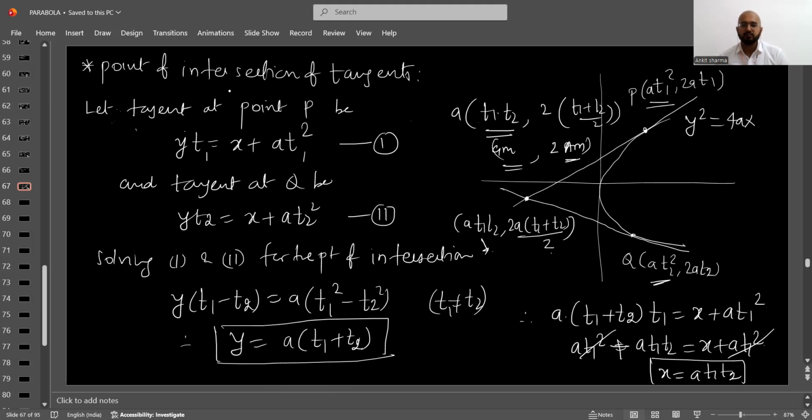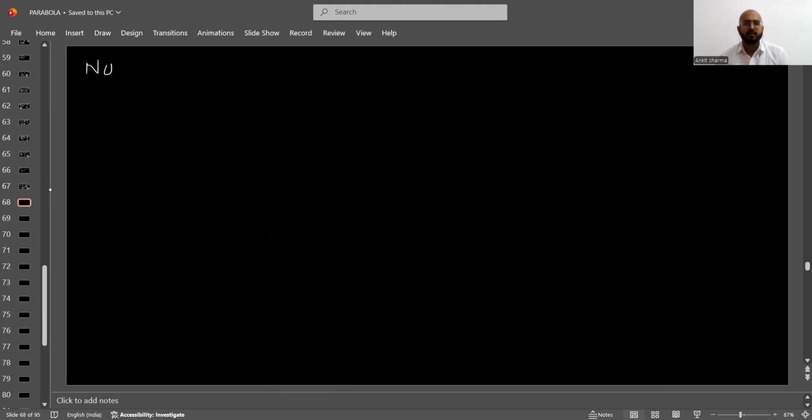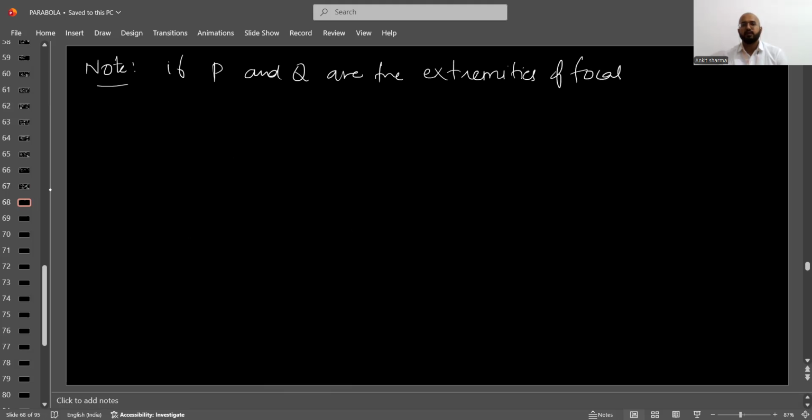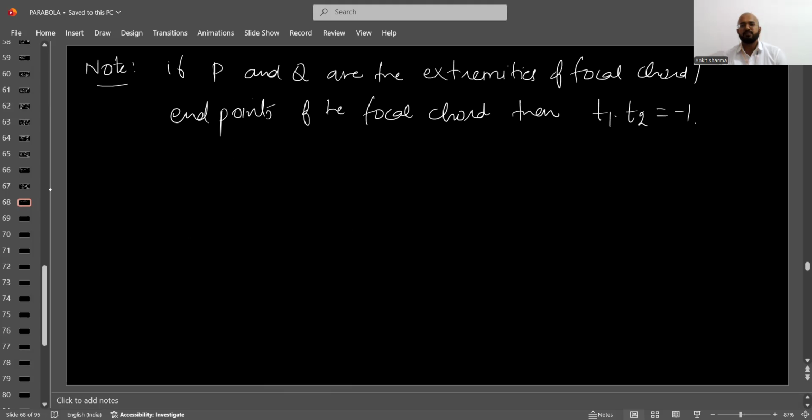Now let's see the special note. From this only we get another result. Note: if P and Q are the extremities, the endpoints of the focal chord, then we know that t1 into t2 is equal to -1.